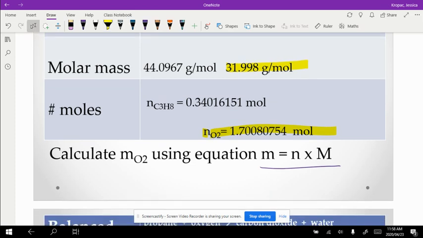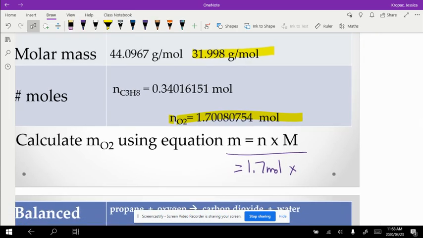So all I'm going to do is take my number of moles, which I just calculated using my molar ratio. That was 1.7 moles of O2. And I'm going to multiply that by my molar mass of oxygen. Remember, my molar mass of oxygen I calculated to be 31.998, and that was in grams per mole. Now I can see how my units are also going to cancel out. So this mole is going to cancel out, and this mole is going to cancel out.